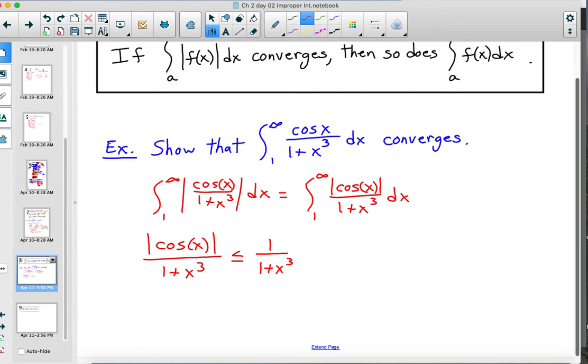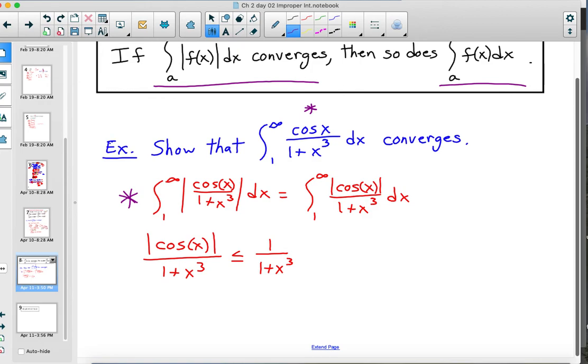Alright, so where do we go from there? Do you see it yet? So remember, let's go back up to the top here. If I can show that this converges, then so does that. So I need to show that this thing converges, and therefore so will the original from the problem. And they already told us that it's going to.